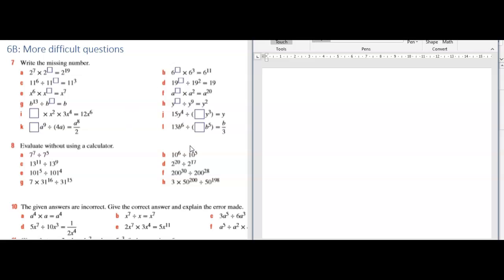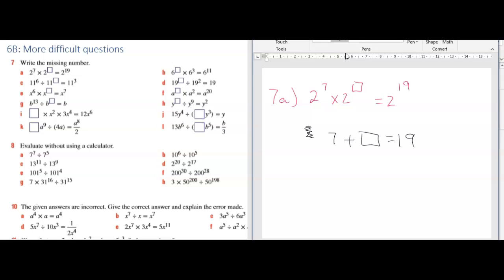All right, so let's have a look at question 7 to start with. So we've got 2 to the power of 7 times 2 to the power of something equals 2 to the power of 19. Now remember, when we're multiplying our bases, the powers are added. So because these bases are all the same, we're basically just going to look at these powers. So it's 7 plus something is equal to 19.